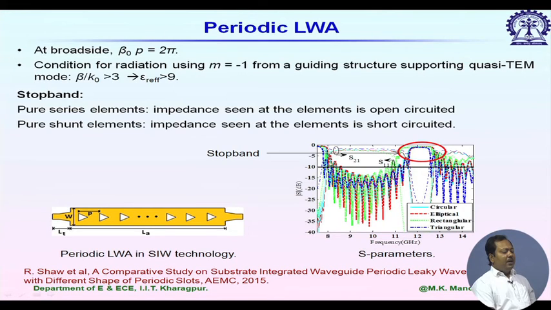Now, if I keep on increasing the frequency, we have a good matching level till 11 gigahertz or 11.5 gigahertz, and the beam will continuously change its location and come near the broadside direction. You can see at 12 gigahertz we have a stop band.